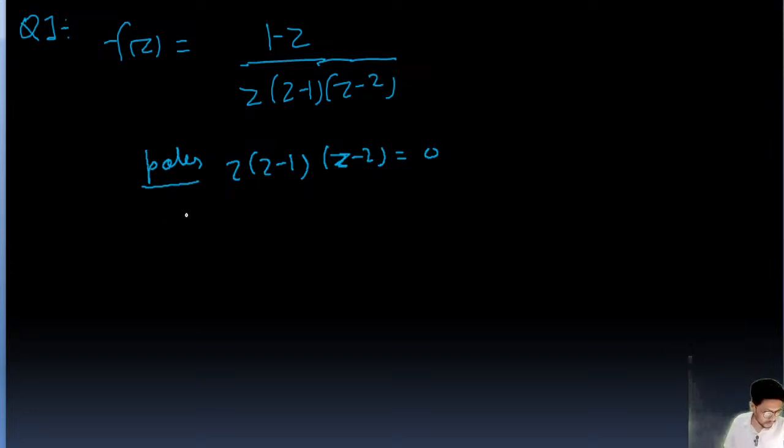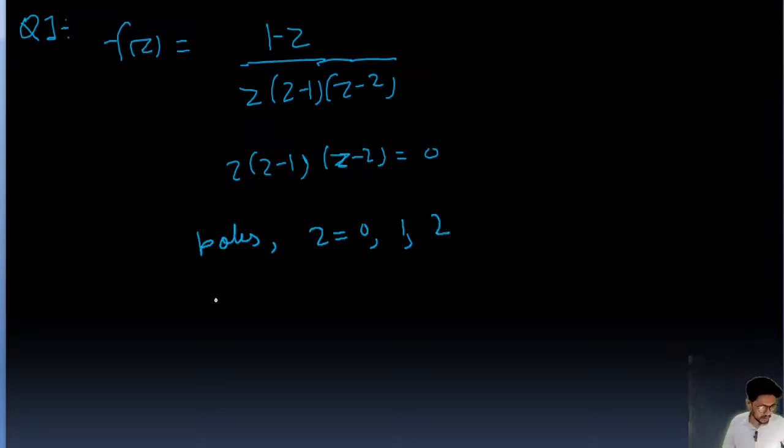So the poles are going to be z equal to 0, 1 and 2.